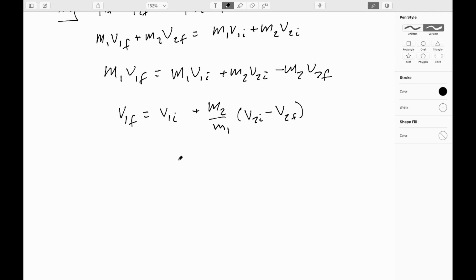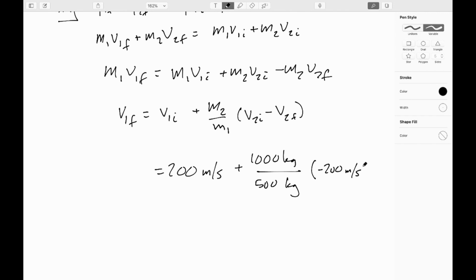So we said that V1 initial was 200 meters per second, plus this will be 1,000 kilograms over 500 kilograms, times we said V2 initial was negative 200 meters per second, minus a negative 20 meters per second.